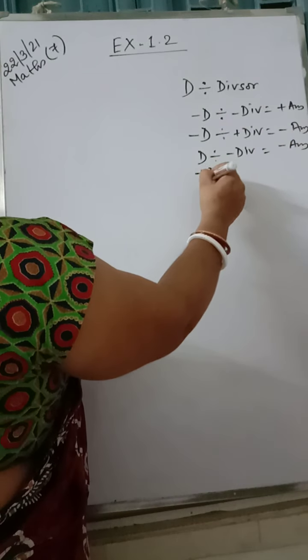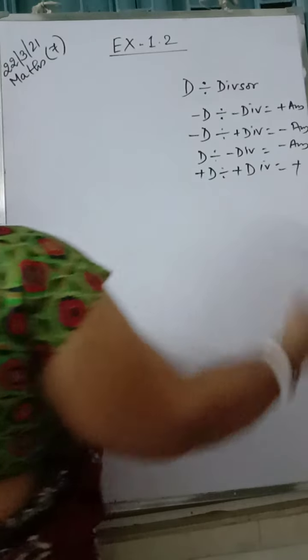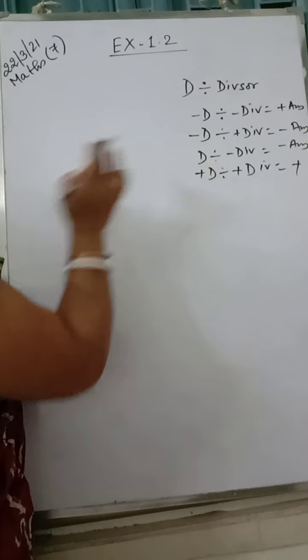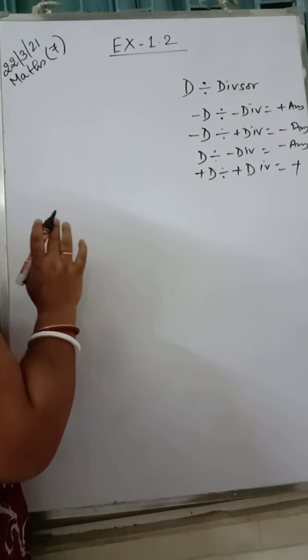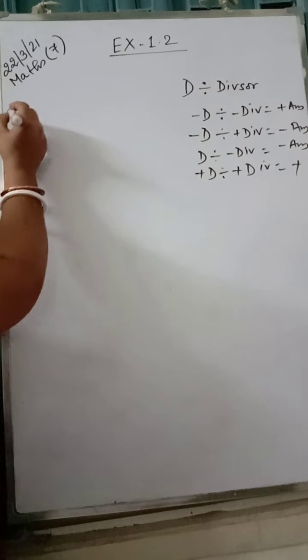And if both are positive, then the answer is positive. Keep it in mind: if either the divisor or the dividend is negative, the answer would be negative. Otherwise, the answer is positive.